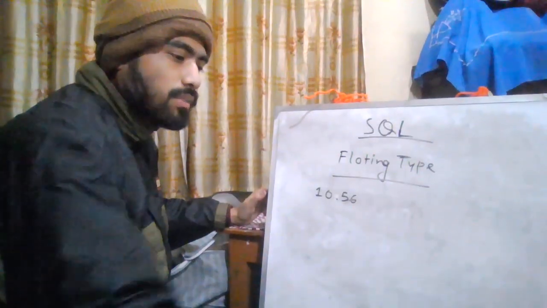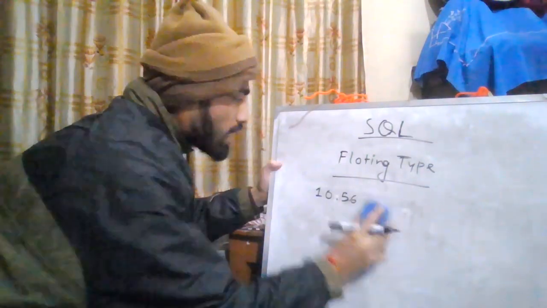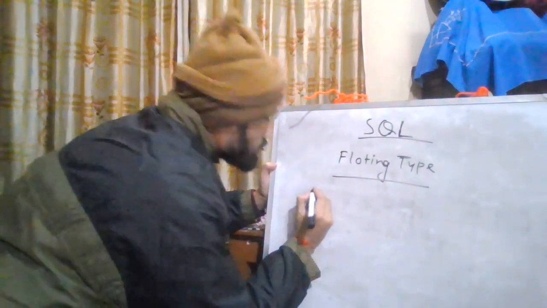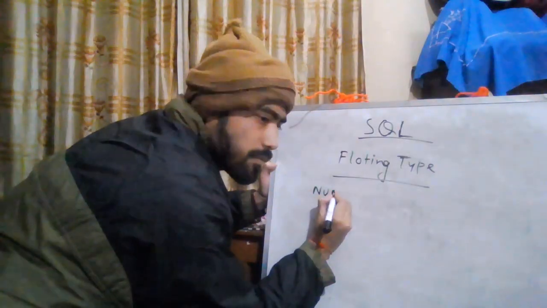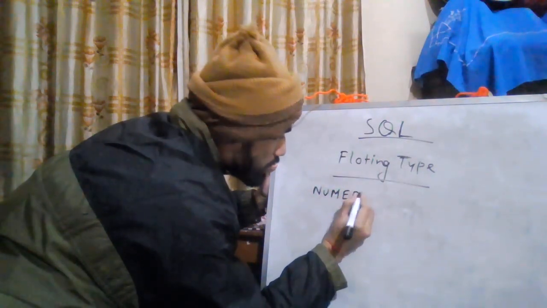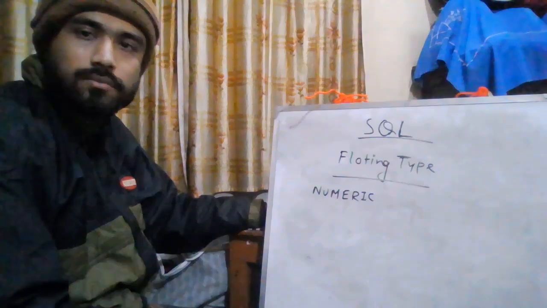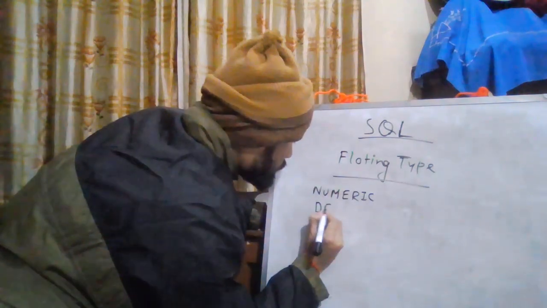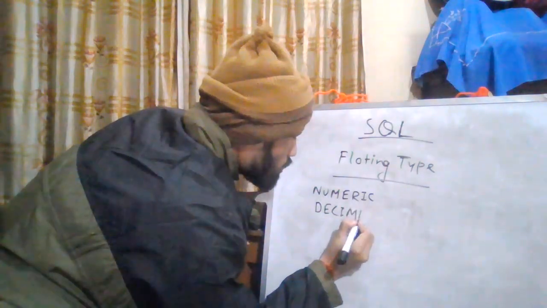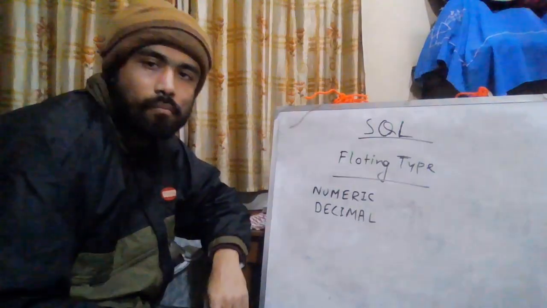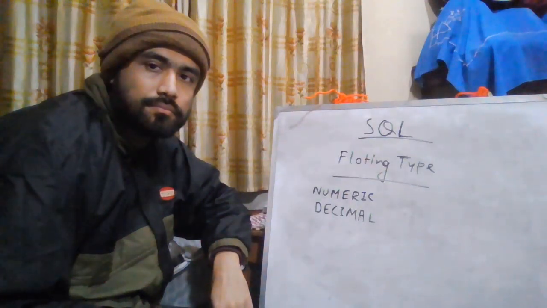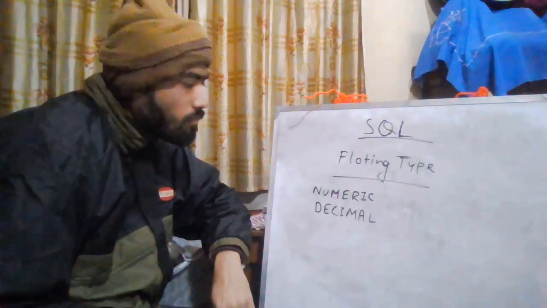What are the data types in floating type? One is numeric and decimal. Right?